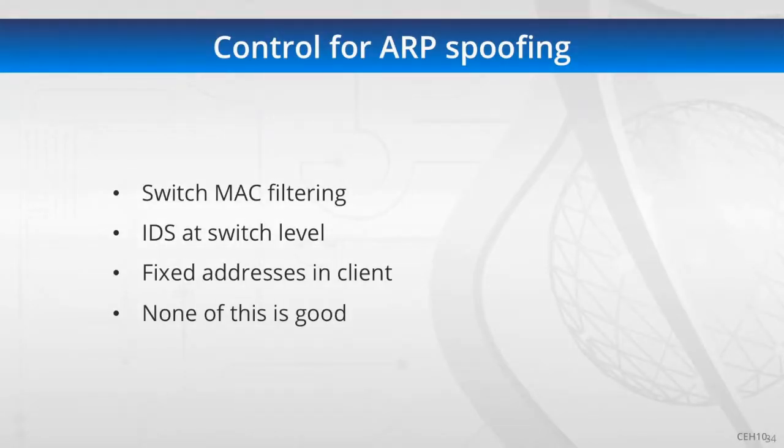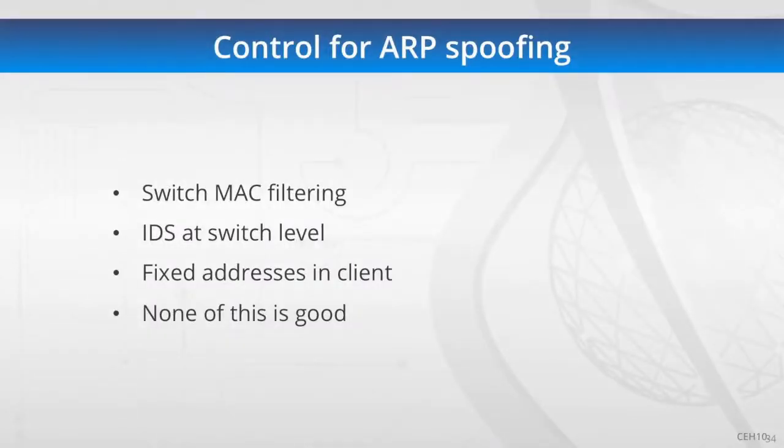Now, there are controls against this, and know that this has been dampened down at this point with most robust switching networks. So on the switch, you can actually do MAC filtering. The IDS will actually stop this in a lot of cases. Now, this is a bad thing: you can fix the address in the client. You can literally say to the client, a static ARP entry of your router is there.